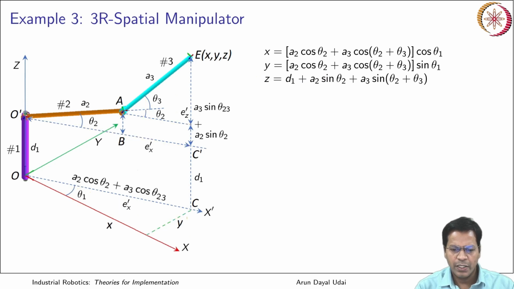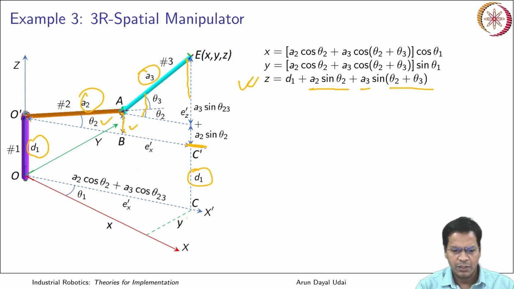Now let us look at how Z is taken. Z is simply D1, this distance that is always there. So it brings it till here. Now how much is the remaining? A2 sine theta 2, where this is A2 and this is theta 2, then A3 sine of theta 2 plus theta 3, where this is your A3.